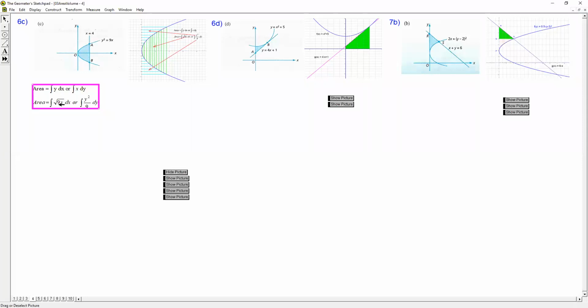So y dx is the square root of 9x, and this will give me half of the green area. If I want to use the other one, the blue area here, I have to integrate x dy. X dy means I have to make x the subject of the formula, so it becomes y squared divided by 9.